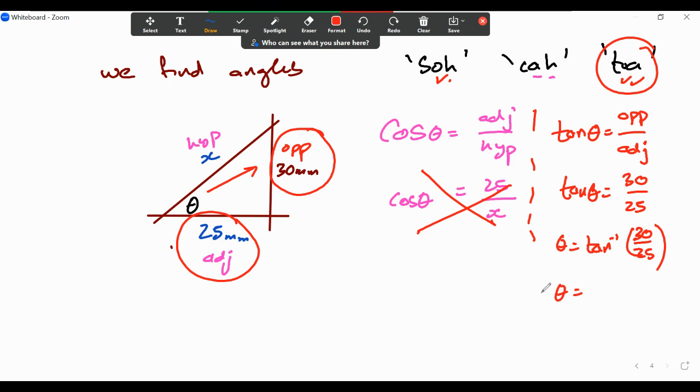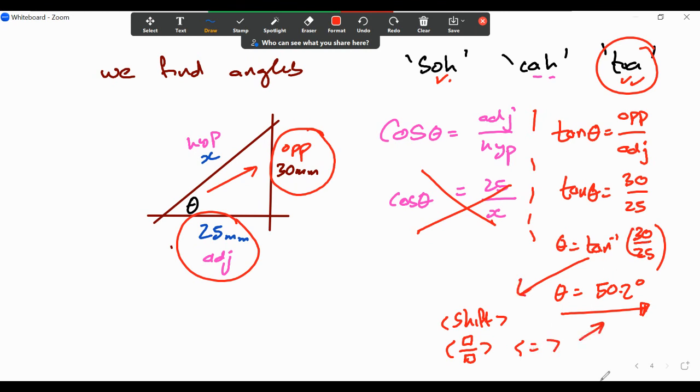We say shift tan 30 divided by 25, and it comes to 50.2. 50.2 degrees. Don't forget that means press shift, then press the fraction button, then press equals after that. And that's how you would go there. Right.